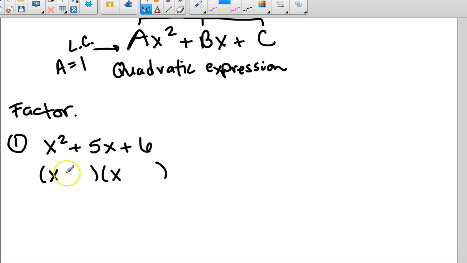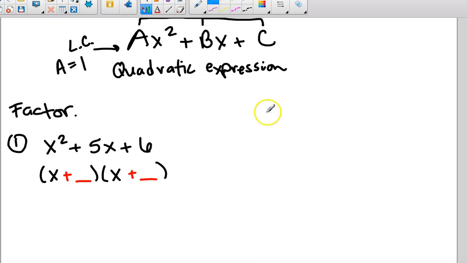Now we have to figure out what number will go next to the x's inside the parentheses. Those numbers are always, when you take the last term, 6, if you can find 2 numbers that when you multiply them equal the last term, but when you add them give you the middle term 5.